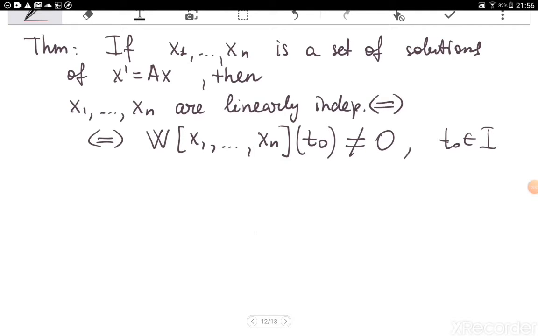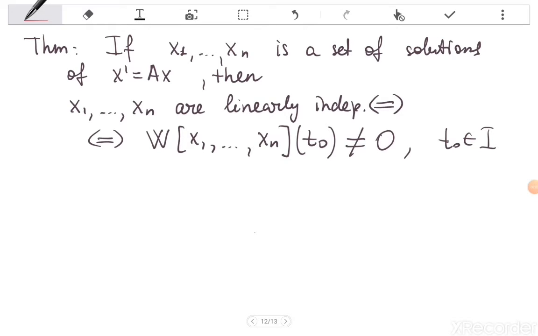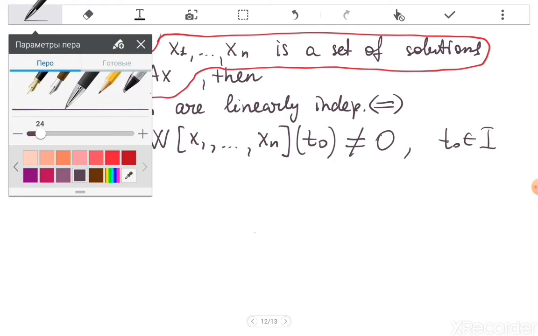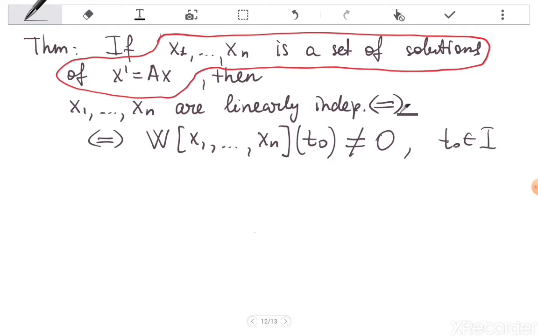If we look now at this theorem, you may have a question: is this condition, that x1, x2, and so on, xn must be a set of solutions of some homogeneous system, really necessary in this theorem? Maybe some arbitrary set is linearly independent if and only if the Wronskian is non-zero.